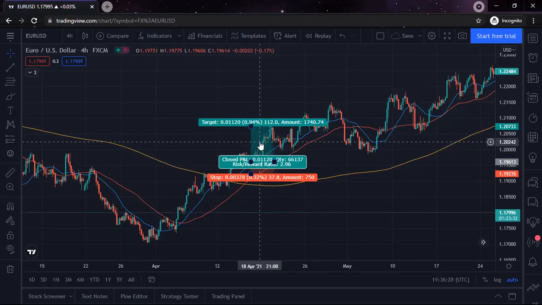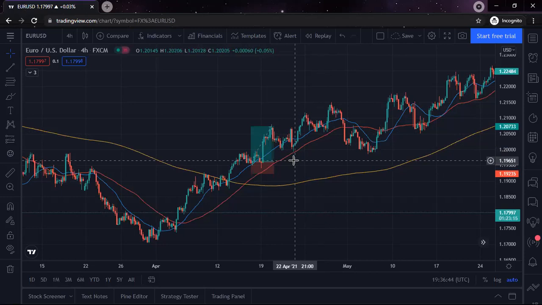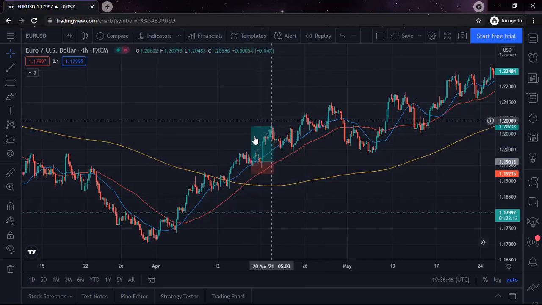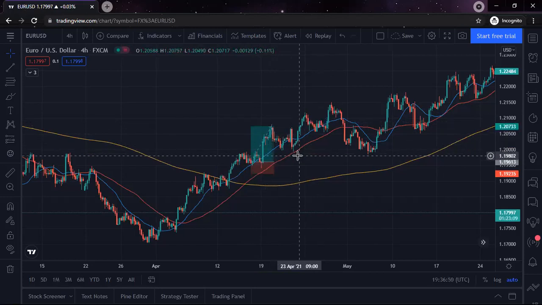You are risking 37, so you're getting somewhere around 1 to 3 risk to reward ratio. So your first TP is hit, 100 and whatever. Just wait for it again.